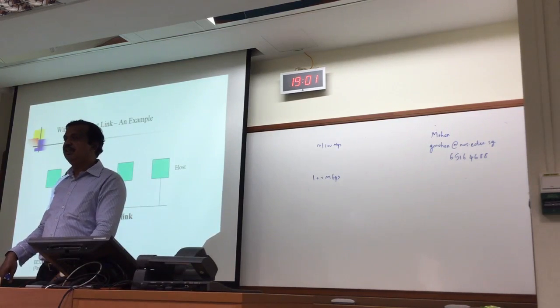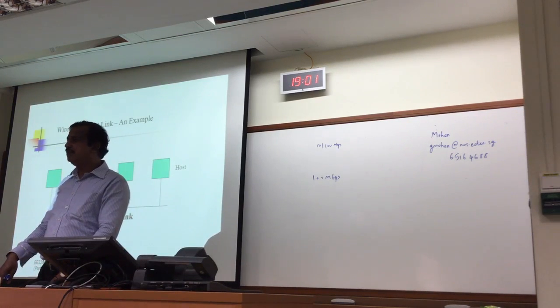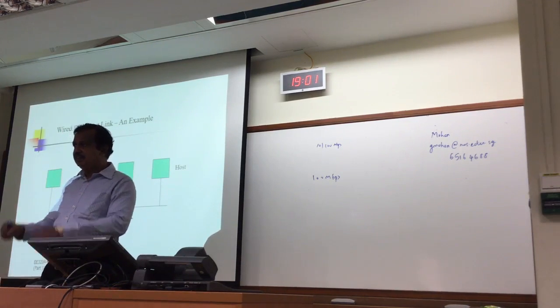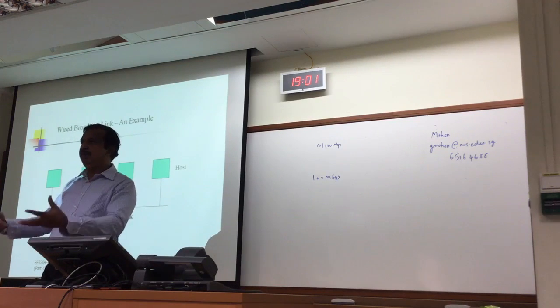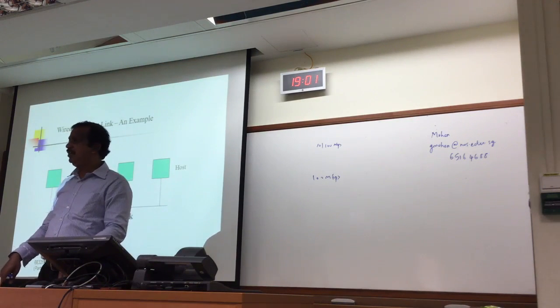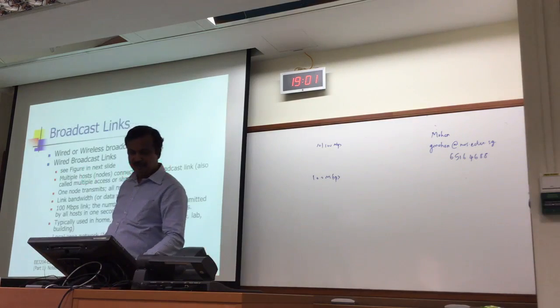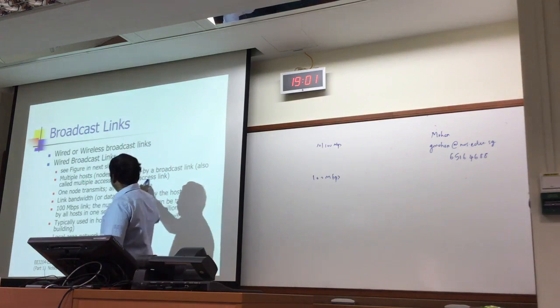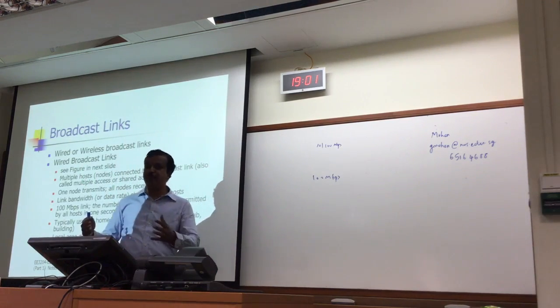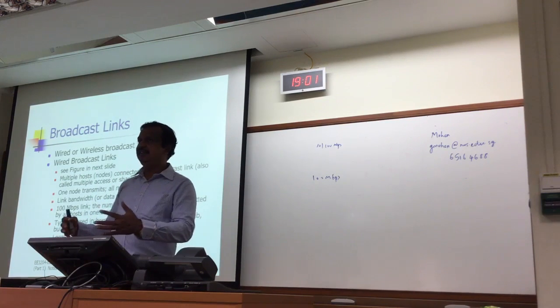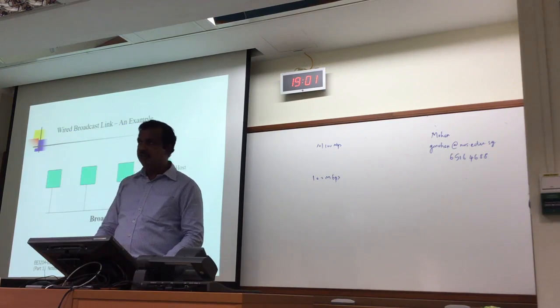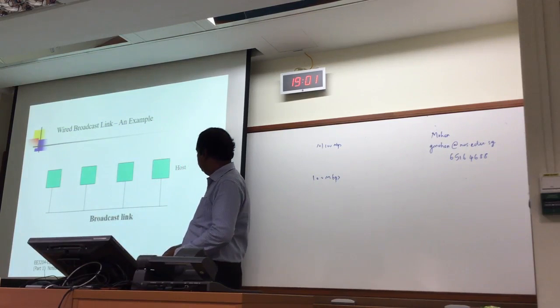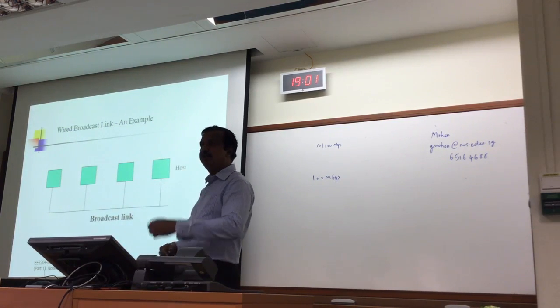What is the advantage? The advantage is it's very simple. The same simple cable is shared by many. When you say it's a shared link, shared access or multiple access, that means many people are using the same channel. They access the same channel. That means at any time only one can transmit.